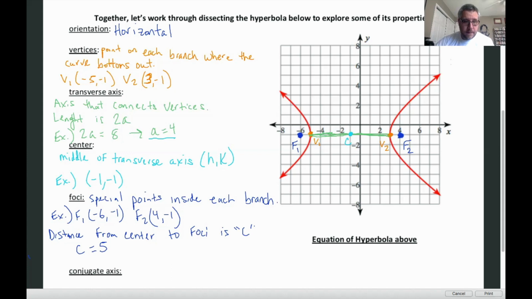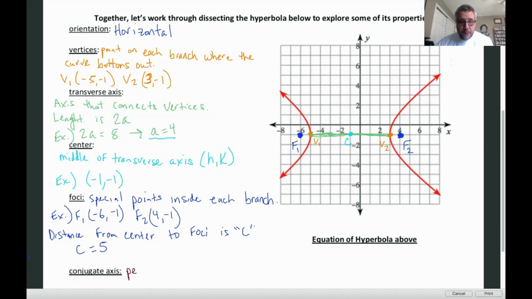All right. Now let me work with you on something called the conjugate axis. The conjugate axis is an axis that is perpendicular to the transverse axis.